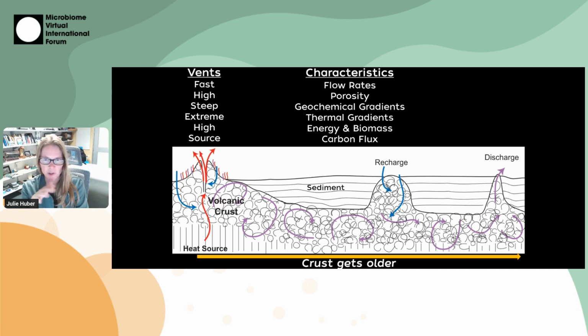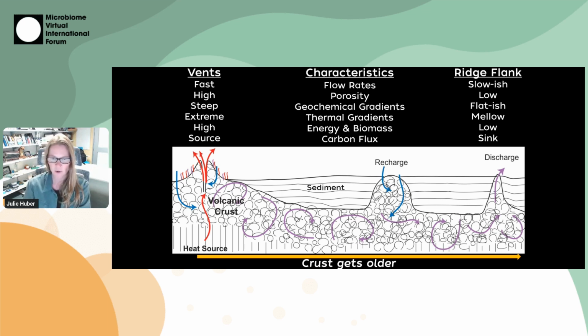And you have temperatures from 2 to 400 degrees Celsius over a very small spatial range. And that means there's just a lot of energy for microbes to exploit, which means the biomass is quite high. These are really hot spots of primary production in the deep sea. And this is sort of all in contrast is when you get out into the ridge flanks, because by now the crust is sort of filling in, flow rates are slower.